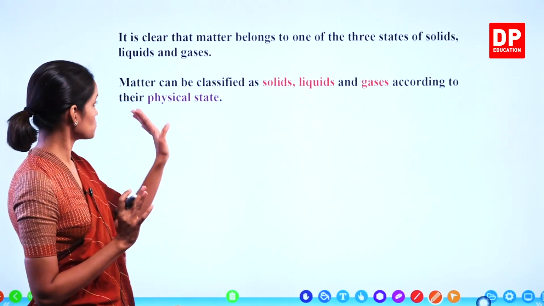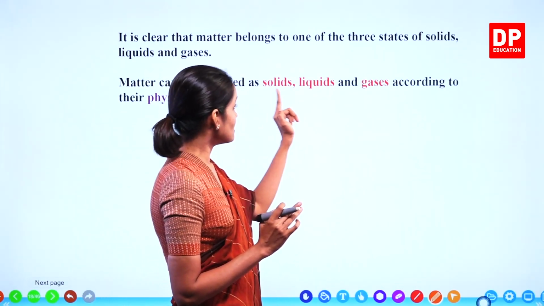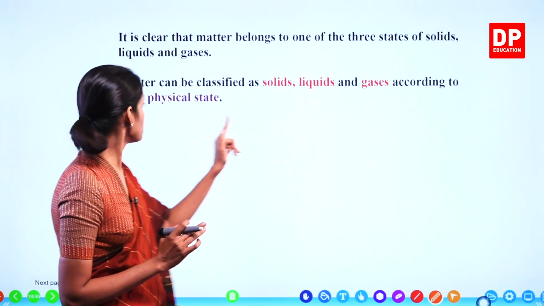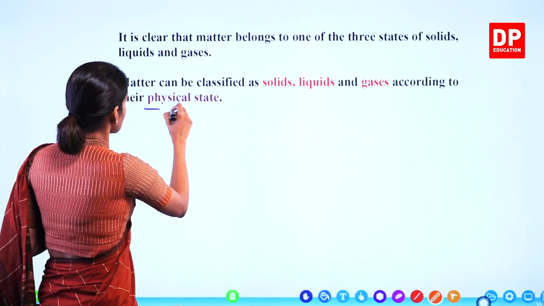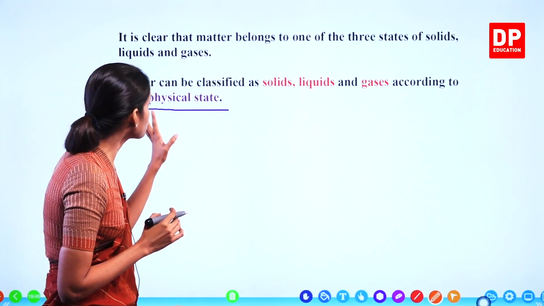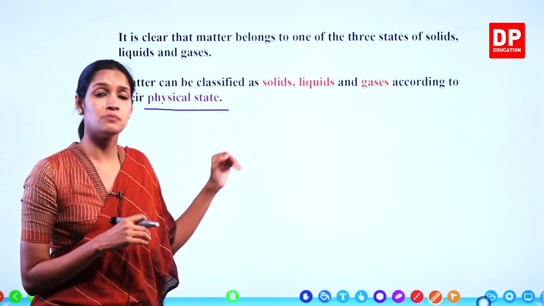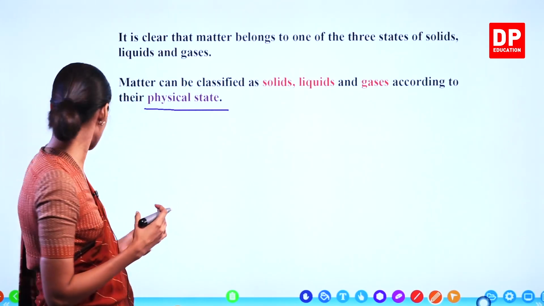Okay, so matter can be classified as solids, liquids and gases according to the physical state. Understand, children? So now we are going to learn about solids, liquids and gases further about their special characteristics.